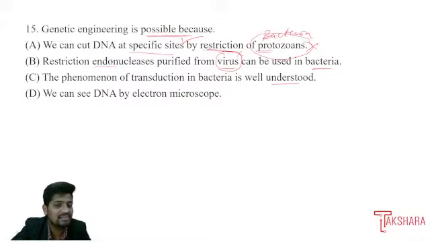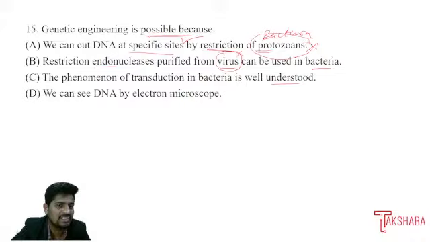The phenomenon of transduction of bacteria is well understood. Transduction is possible because the foreign DNA is inserted into the bacterial DNA, incorporated with a carrier plasmid, cutting by restriction endonuclease and the site of restriction enzymes, all will be present and the bacteria will be well understood, so that is correct. And we can see the DNA by the electron microscope.